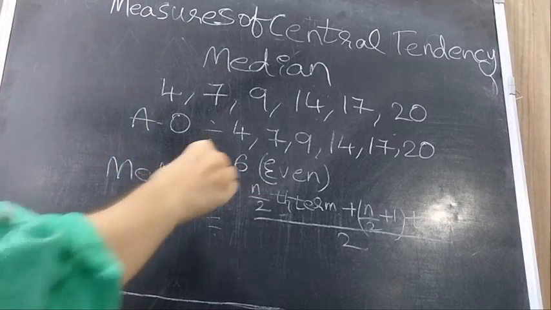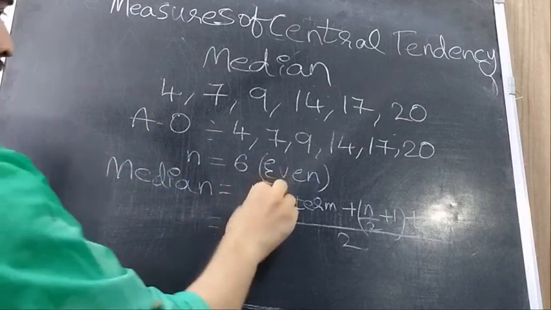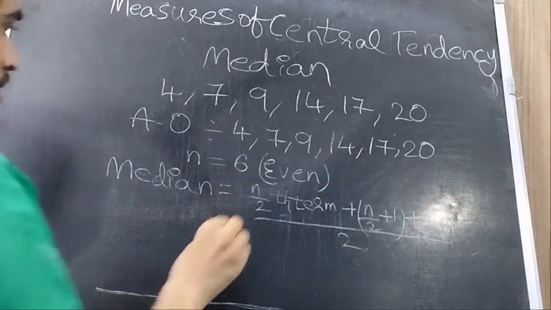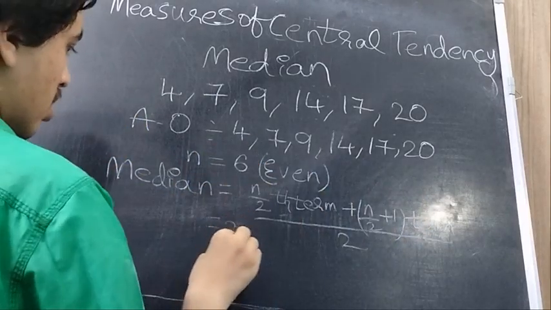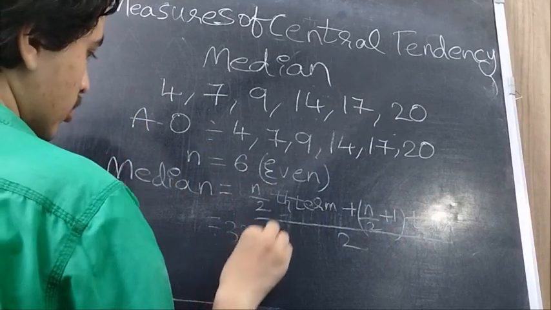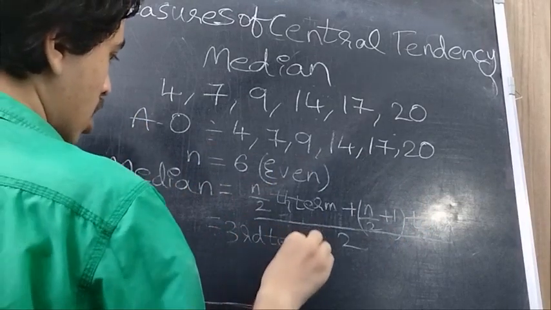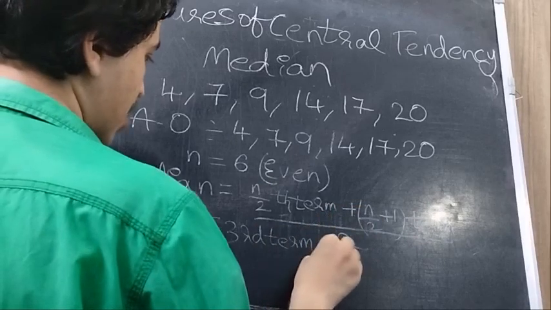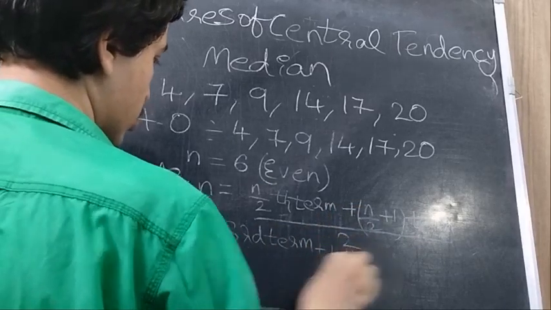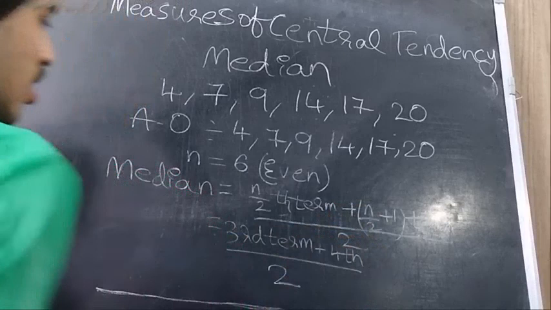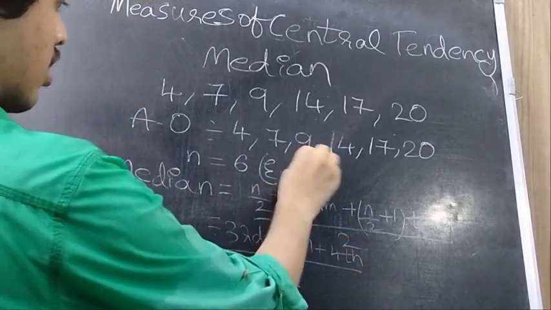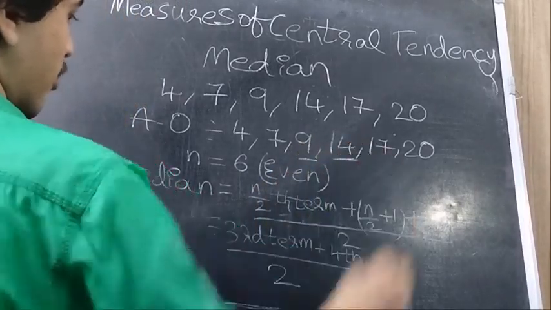Make a correction here: not n plus 1 by 2, but the n by 2th term and the n by 2 plus first term. That is 6 by 2, the third term, and n by 2 plus 1 means the fourth term. What is the third term here? 9. And the fourth term? 14.